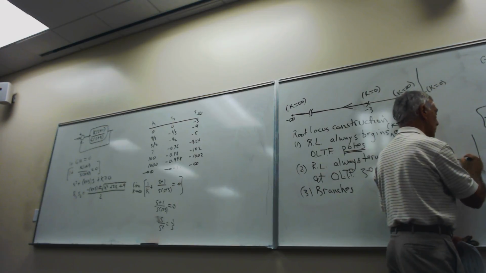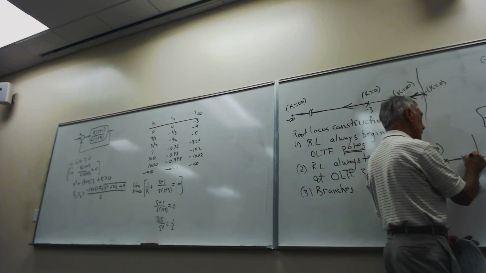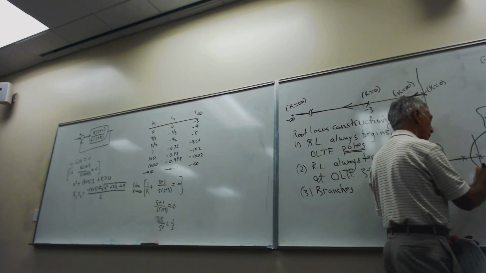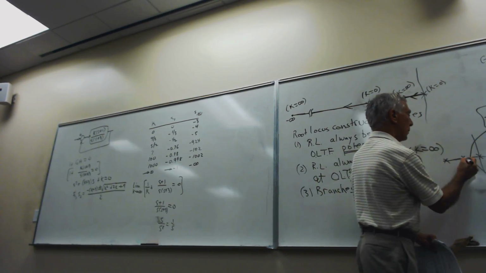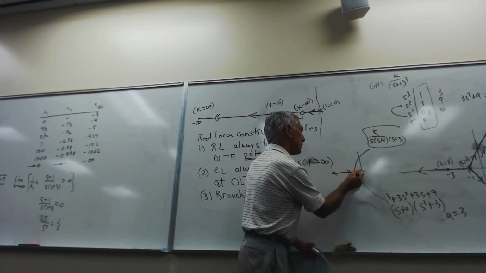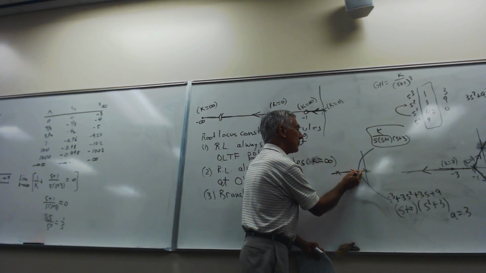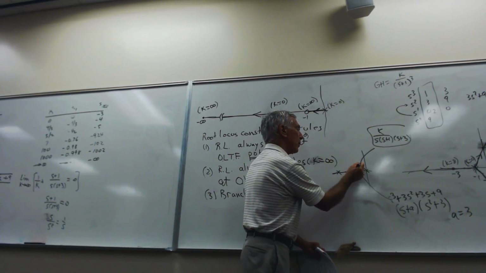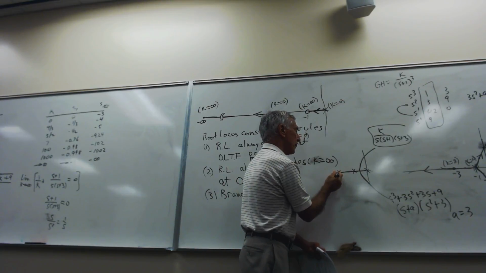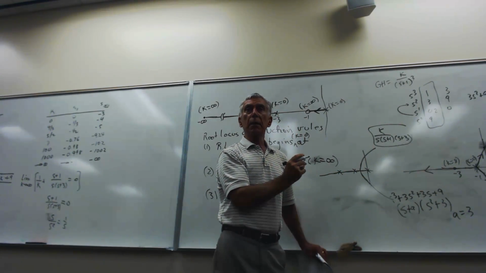The root locus looked like this: for low values of gain K, we have one branch here, a second branch here, and a third branch here. If the gain K increases further, we have one branch there, a second branch there, and a third branch again along the negative real axis.